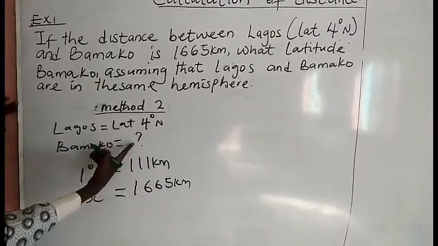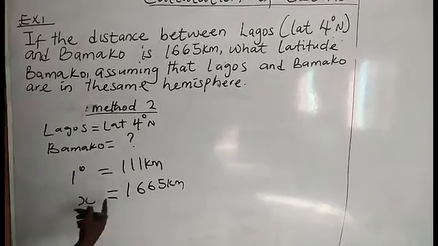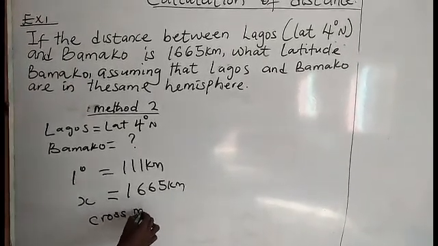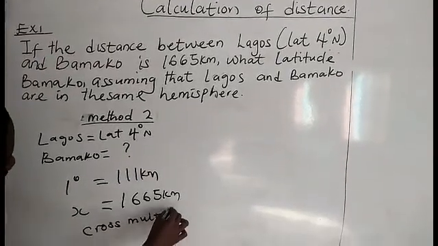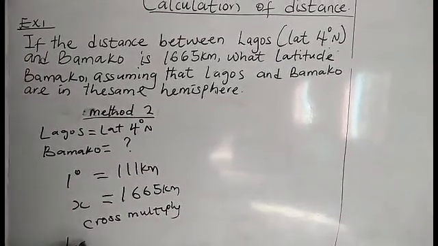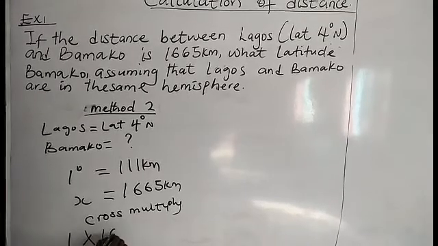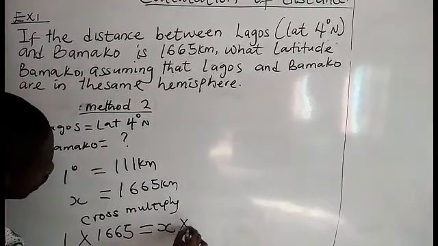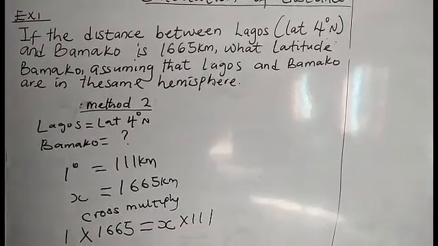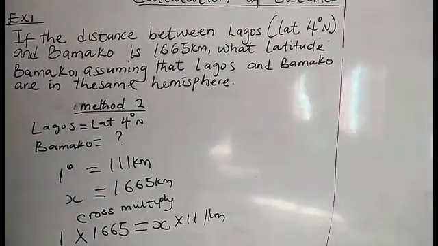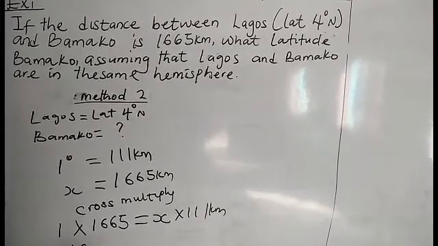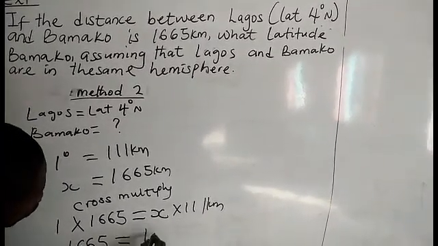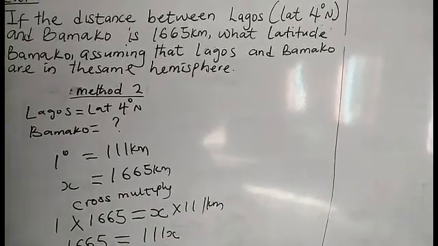1 degree equals 111 kilometers. The degree is unknown, which is what we're looking for. Then we cross multiply. We say 1 times 1665 equals x times 111 kilometers. This gives us 1665 equal to 111x.